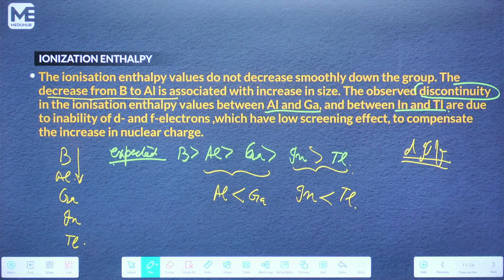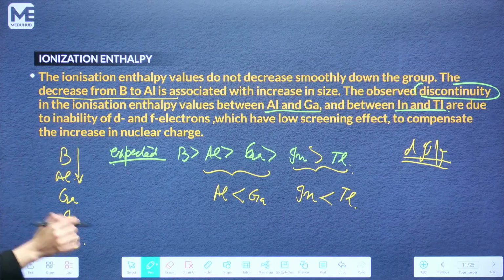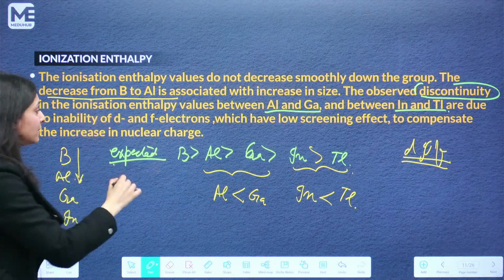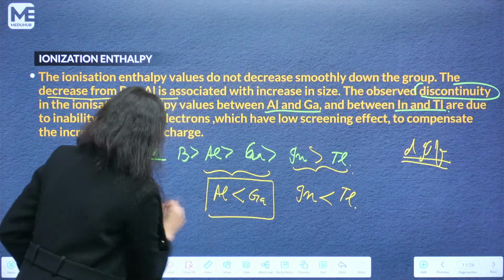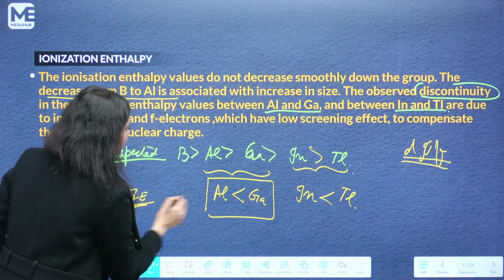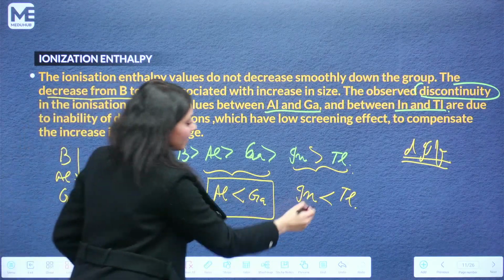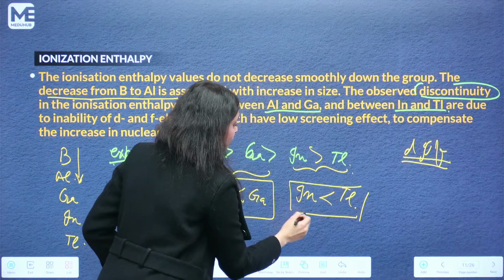If they are not screening the outer electrons, that means the total Z effective is very high on the valence electrons. This means that the size will contract. Hence, because of that, this anomaly is observed here, that the ionization energy of aluminium is found to be less than gallium and indium is found to be less than that of thallium.